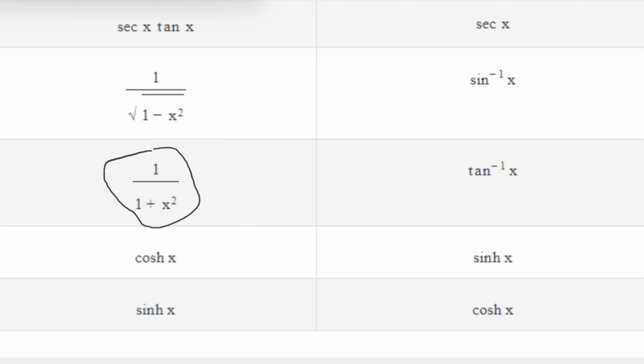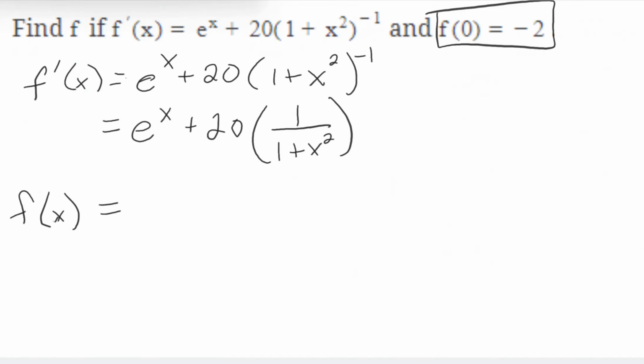So if you can get something that looks like one of those, get it there, because now I have the integral. It's the arctangent. So the integral of e to the x is e to the x, and then that's going to be 20 arctangent of x plus c.